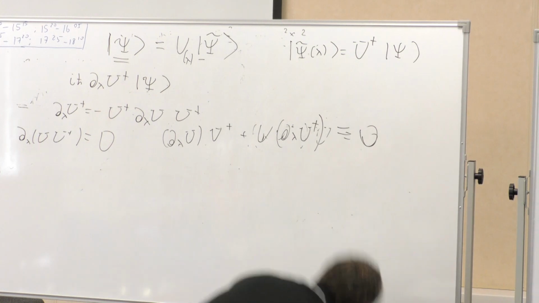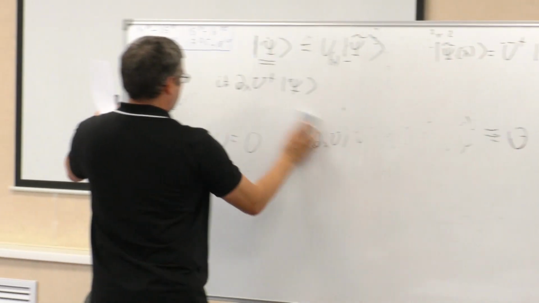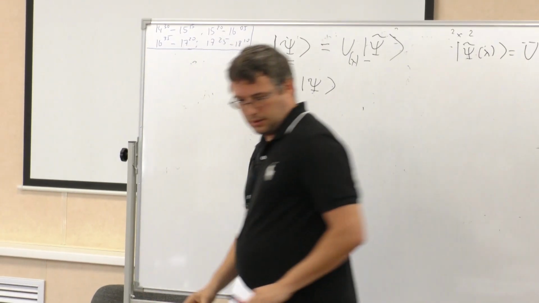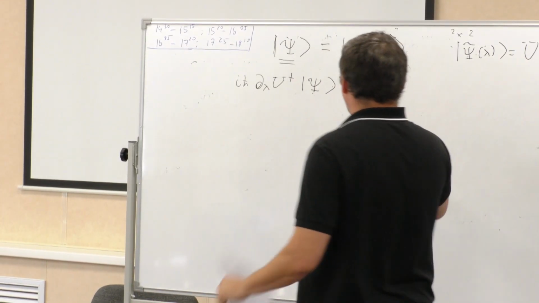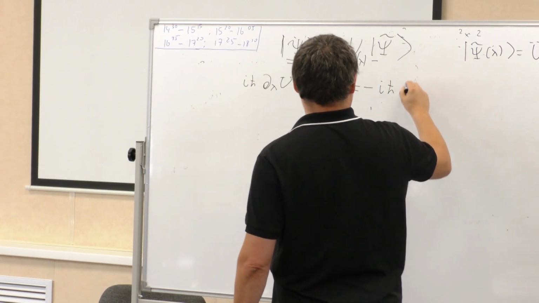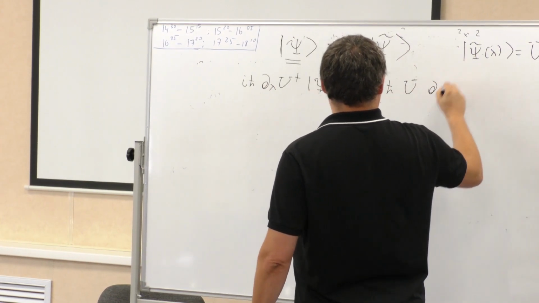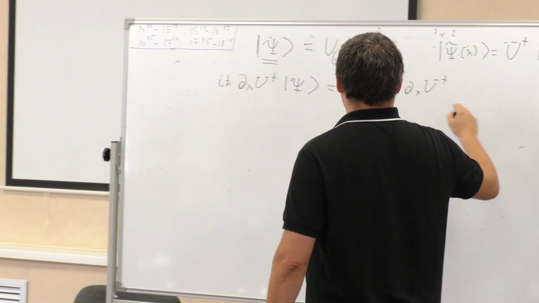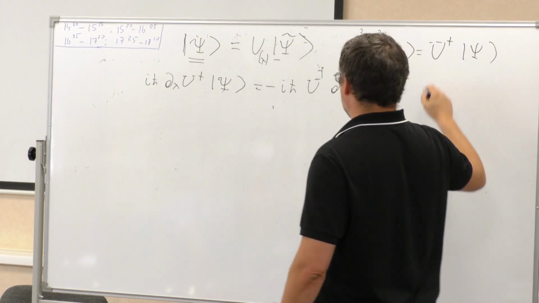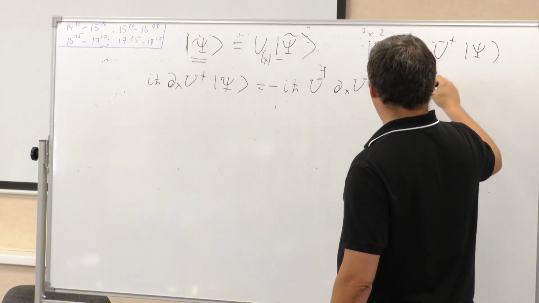So let's do this. And then we'll get minus i h bar U dagger d lambda U times U dagger times psi.